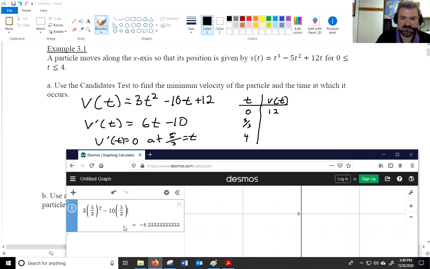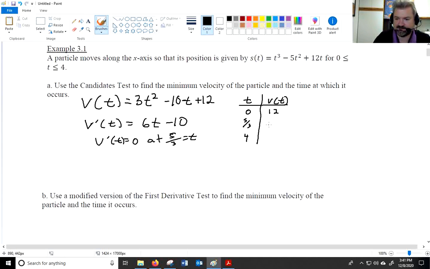All right. Looks like 3 2/3. I'll just say 3.667. All right, and we can plug in 4 pretty easily. I think 16 times 3 is 48, minus 40 is 8, plus 12 is 20.